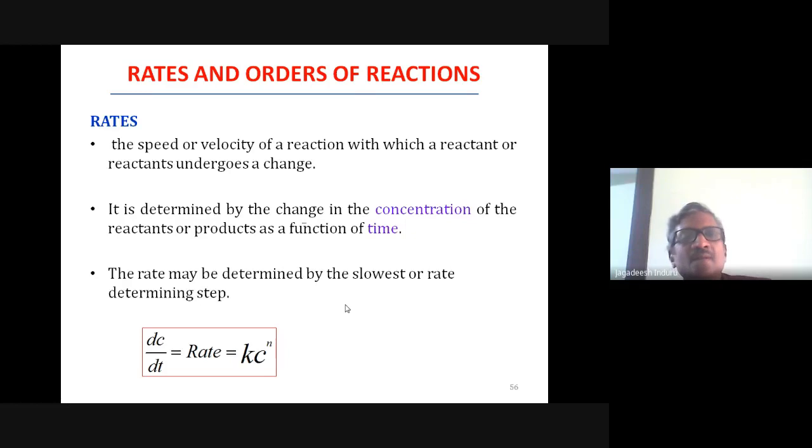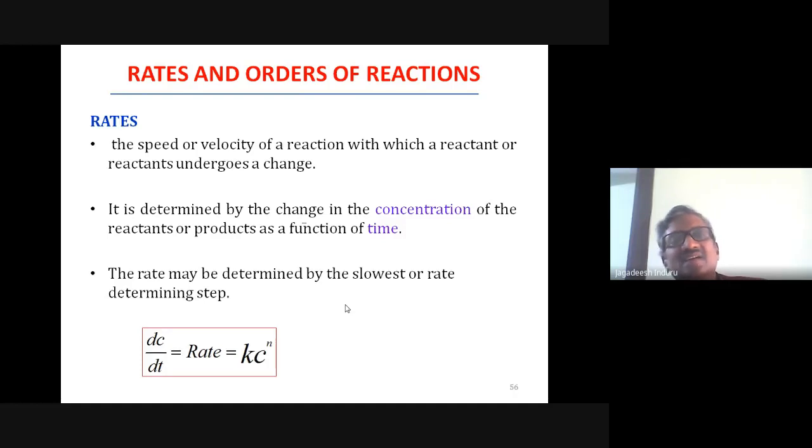Okay. So the rate is the speed or the velocity. Speed is the pace at which it moves, velocity is movement in one direction, that is either lower to higher, or higher to lower, decreasing or increasing. So the rate is the pace, slower or faster, of the reaction with which a reactant or reactants undergo change.